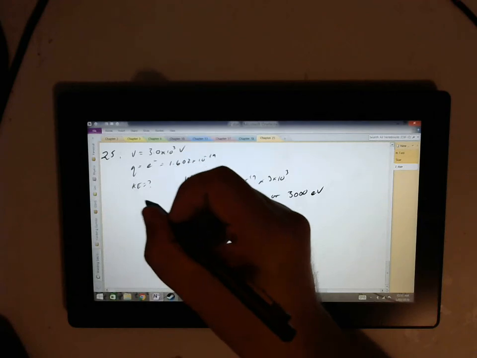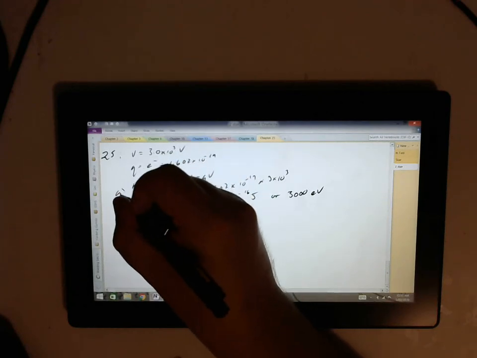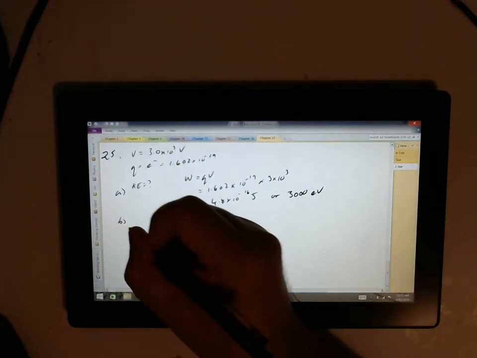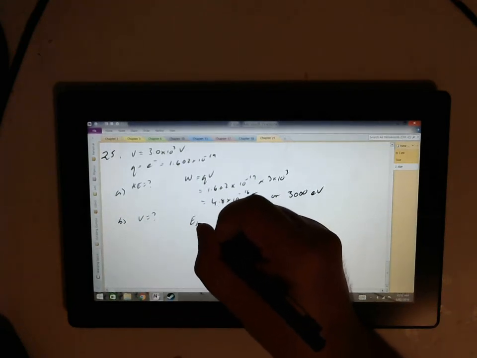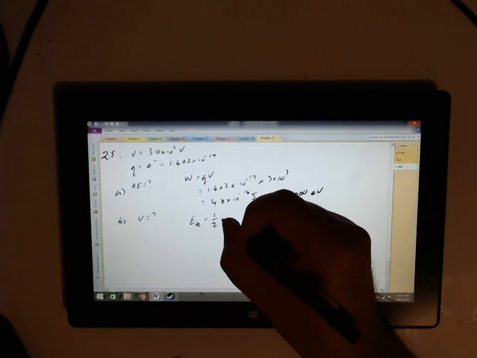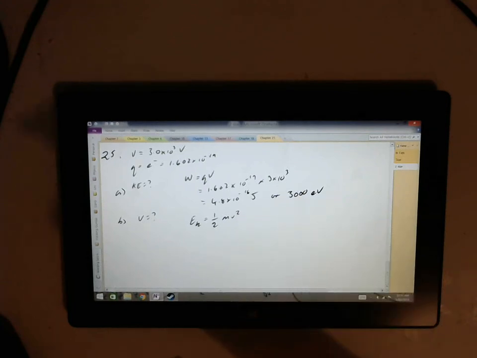Okay, the second part of this problem is about finding what the actual velocity is. And the formula we want for that is that kinetic energy equals half mv squared. Now, the mass of an electron is a known constant. Let me see if the previous work example actually had it.